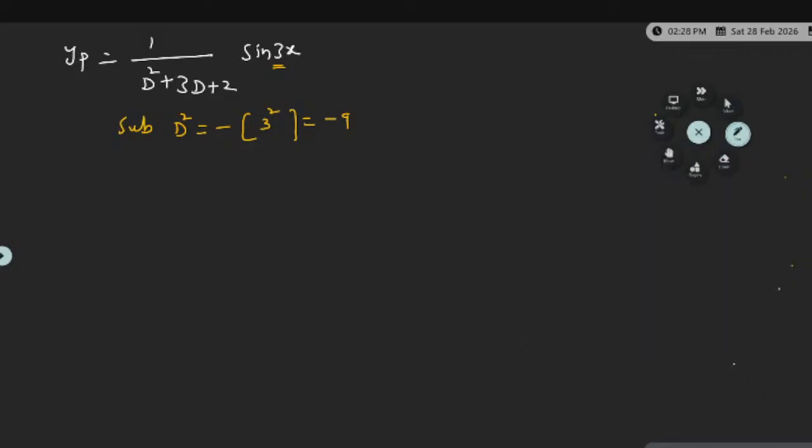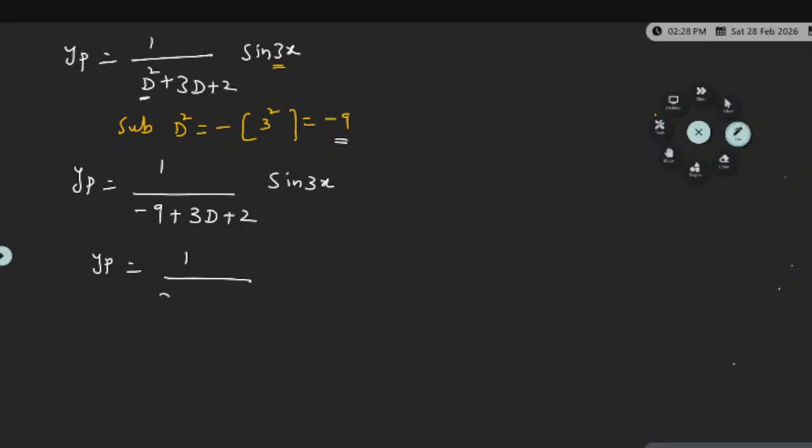Now substitute: yp equal to 1 by, replace D square by minus 9, plus 3D plus 2 into sin 3x. Adding minus 9 and 2.